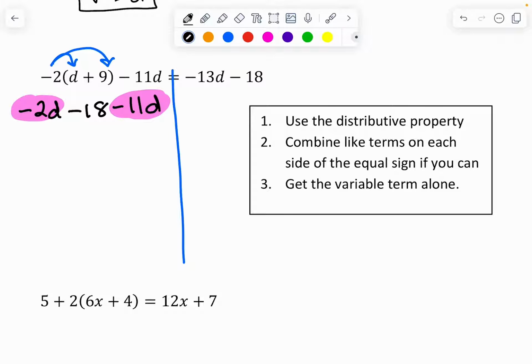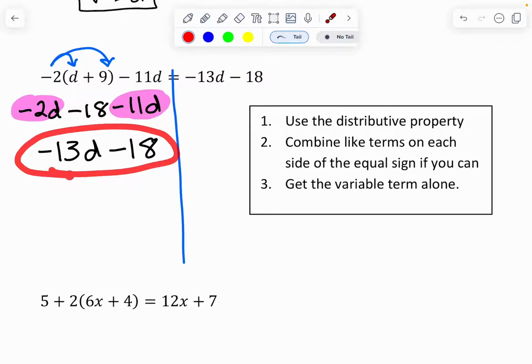So that's going to give us negative 13d to the first minus 18. So now we have combined like terms. Can we do anything else here on the left side? One of these has a d, one of them does not, so we can't combine them anymore.